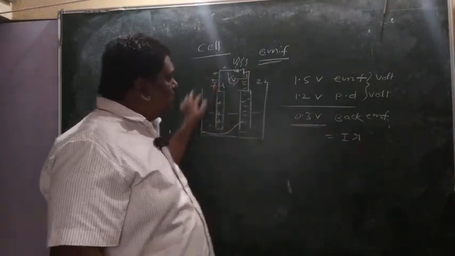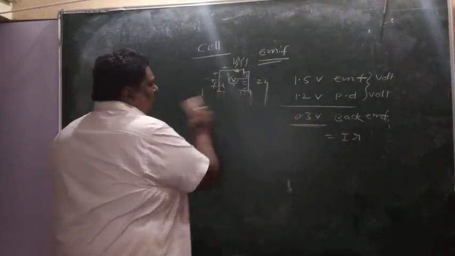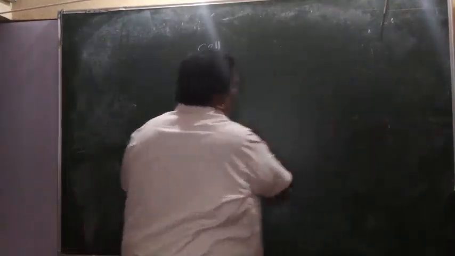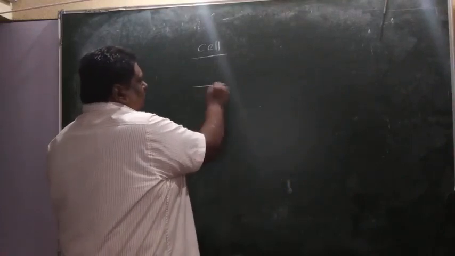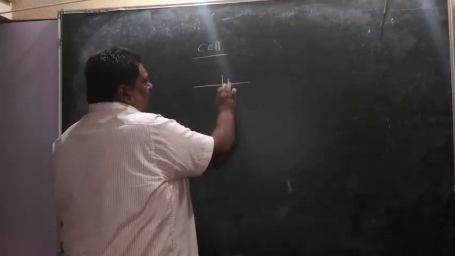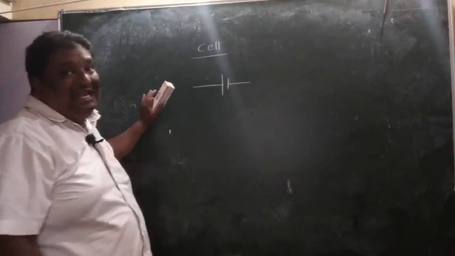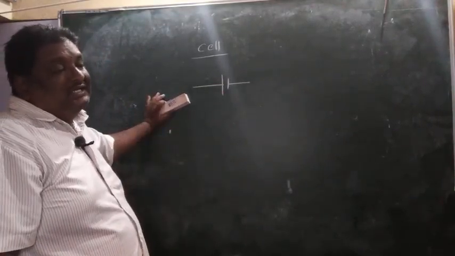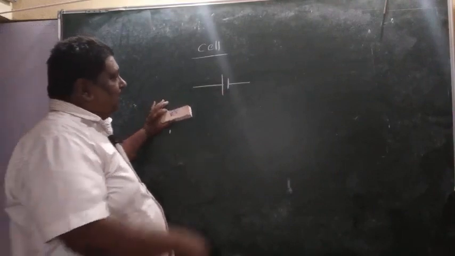So this is all shown with one small symbol like this. This is called a cell, a single unit. A number of cells connected together is called a battery. Okay.